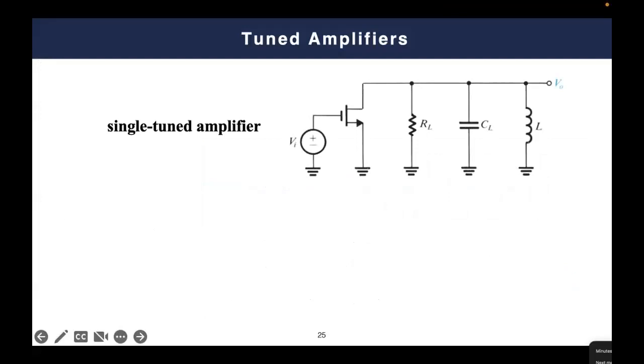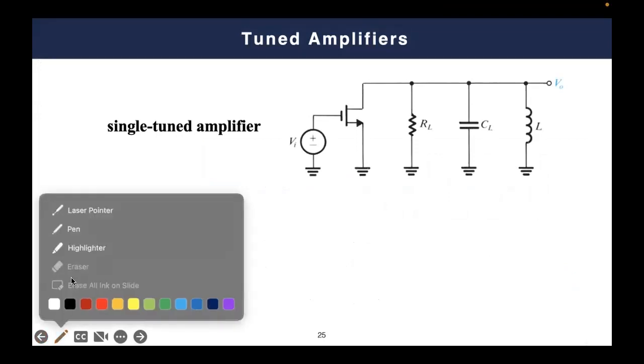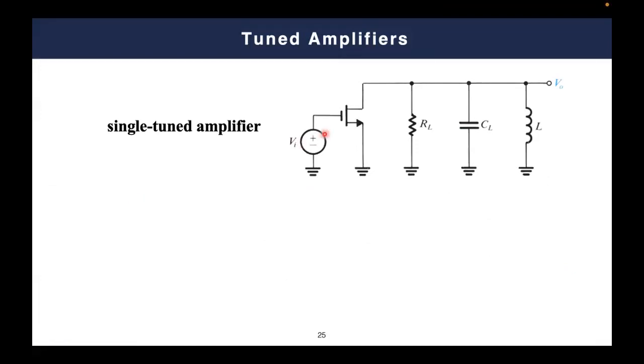So this circuit is the output while considering an AC analysis. In this case, we only have an input voltage, which is an AC voltage directed to the gate. And then we have our MOSFET. Then we have a resistance, capacitor, and a coil connected to ground because your VDD is now deactivated, and this is the output terminal.